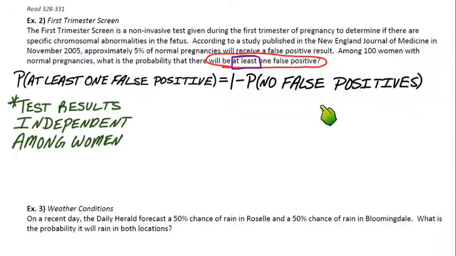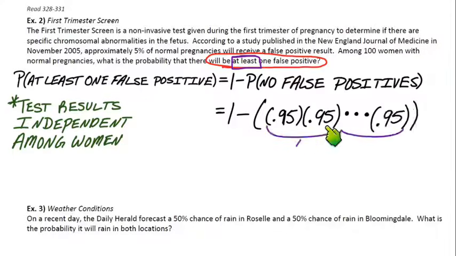Okay, so for there to be no false positives, that means all 100 women, they all have a 95% chance of being correct. So I'm just going to do 1 minus, and then I got 0.95, 0.95, dot, dot, dot, 0.95, skip a few there, right? And that represents my 100 women.